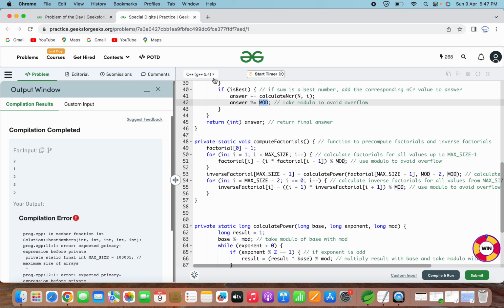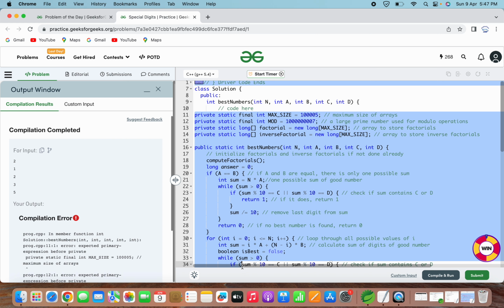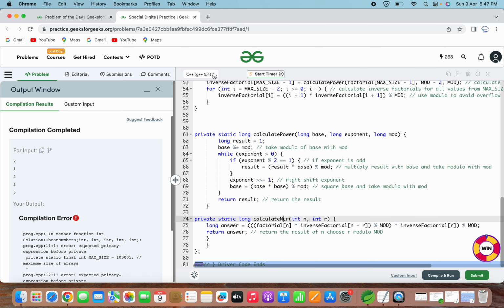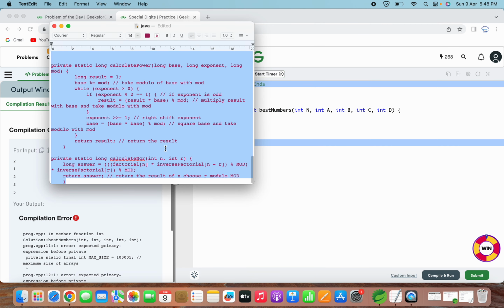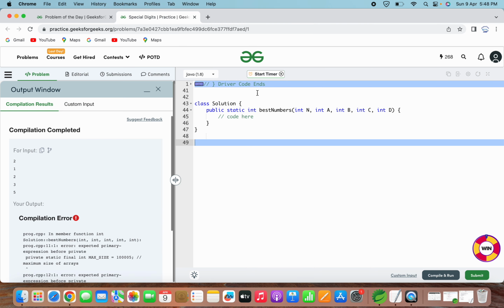Again I've copied from the wrong window. This is Java. Let me copy this code here. Or let me move to this and copy it again from here. So I'll replace this entire code.